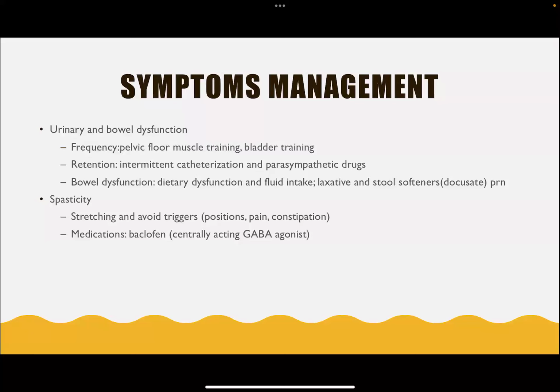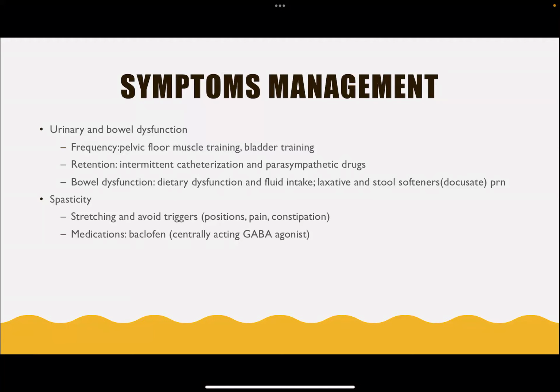Okay, coming to the symptoms management, for the urinary frequency, we can do pelvic floor muscle training, bladder training. For the urinary retention, we can do intermittent catheterization, or sometimes we can use parasympathomimetic drugs.